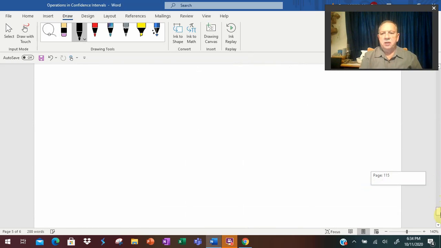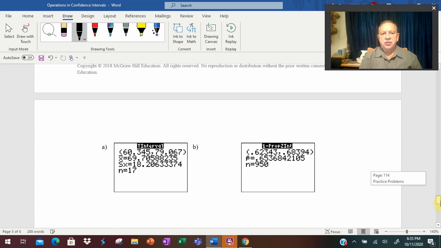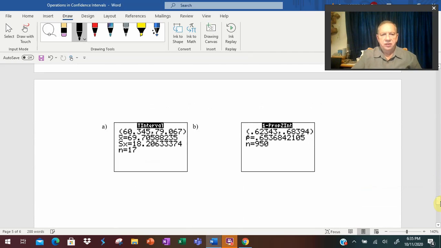And here I just want you to spend a few seconds on this one. Write each confidence interval. This is a t interval, and this is a z interval. Okay, it doesn't really matter. It's just letting you know that you did this with a proportion, and here was the p hat, and here was a t interval, x bar.